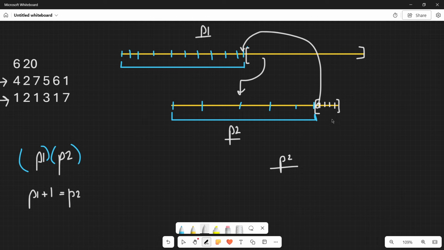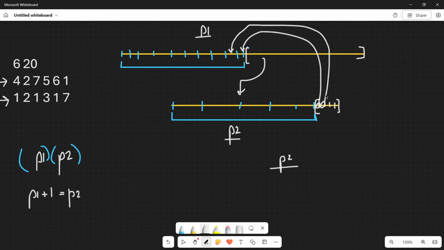But the condition is that I should have the remaining P2 available to me. If I have remaining P2 available, then I can simply summarize this one petal in this previous P1, which will make it P2. That's how you can increase your count. Similarly, this single petal should be merged in this petal.